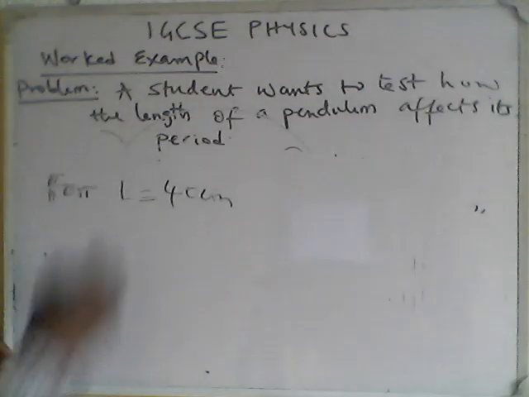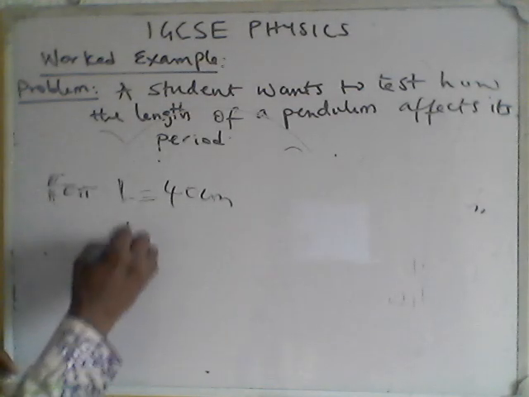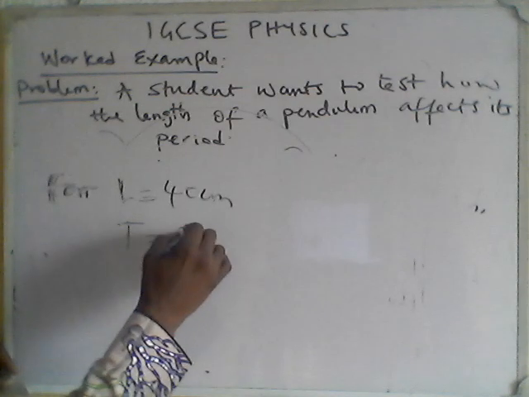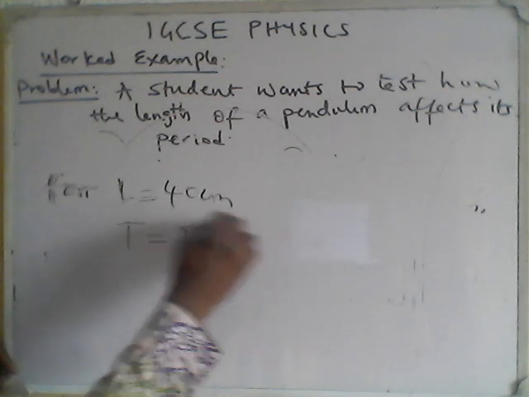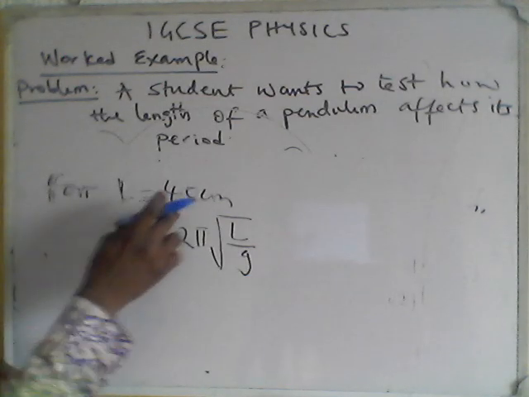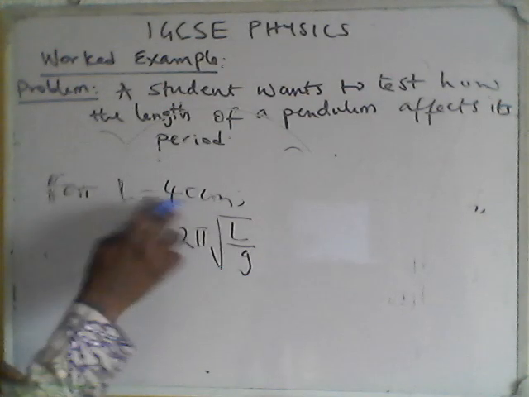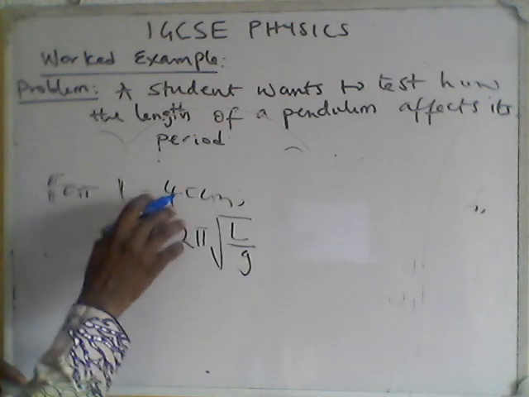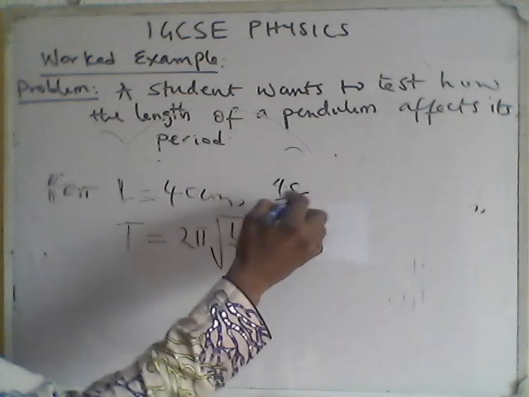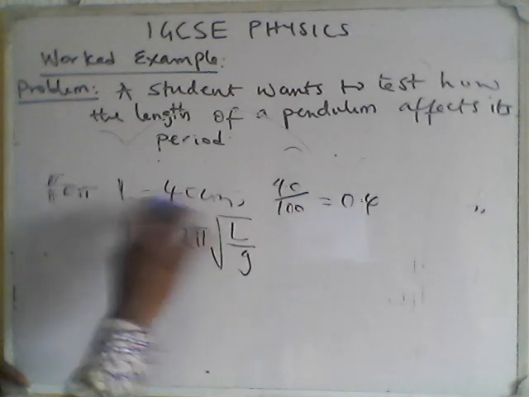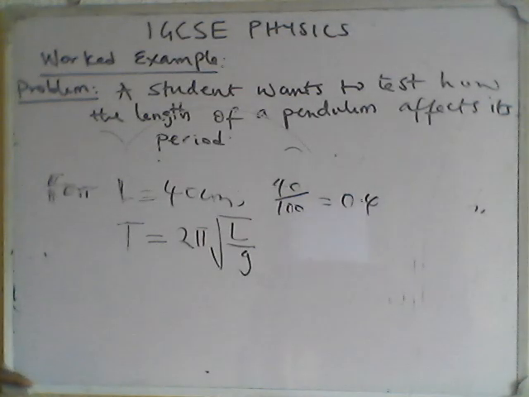So what will be my T? This T, which is the period, equals 2π square root of L over g. First of all, I will convert 40 cm to the fundamental units. 40 cm divided by 100 will give me 0.4, so I've converted it to meters.